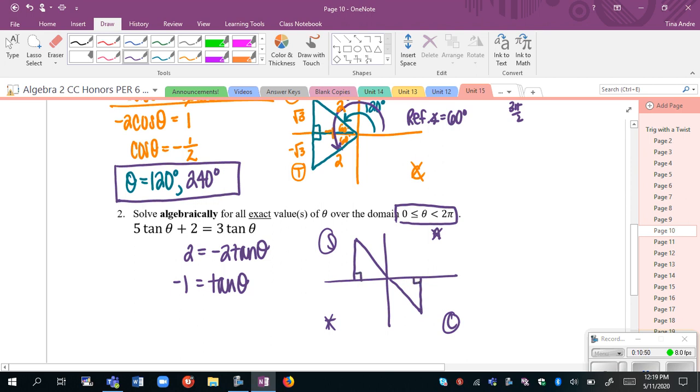And now we want to think about, well, how are we going to get out a negative 1? So remember, tan is really the opposite over the adjacent. So this is really saying negative 1 over 1. So opposite over the adjacent, in this case, the negative 1 would be right here. And then opposite over the adjacent.